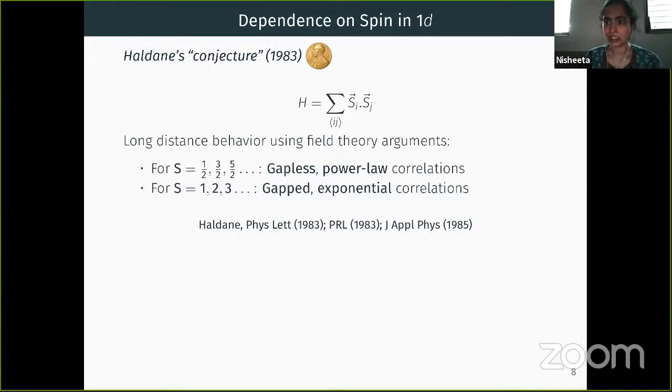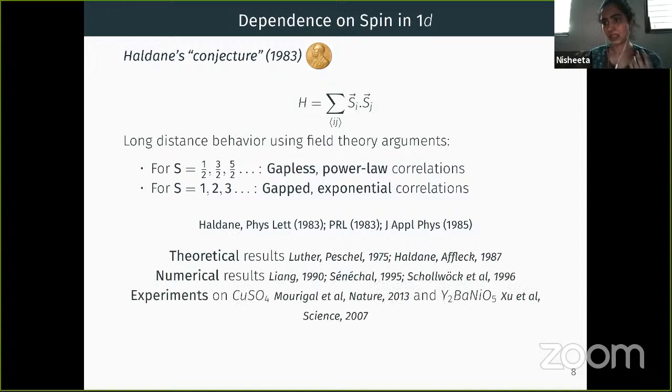This proposal has been verified in a number of ways. There are theoretical results like bosonization, conformal field theory, numerical results from DMRG, and then experiments on real materials that are also consistent. So this is a well-established result in one dimension.